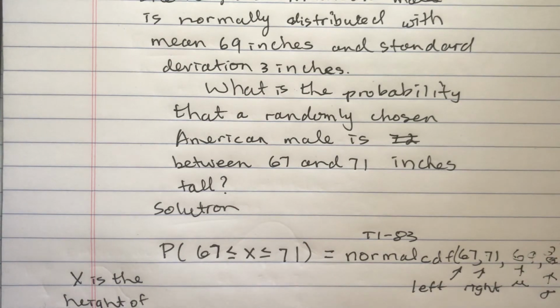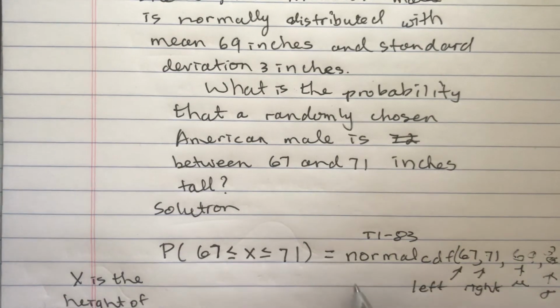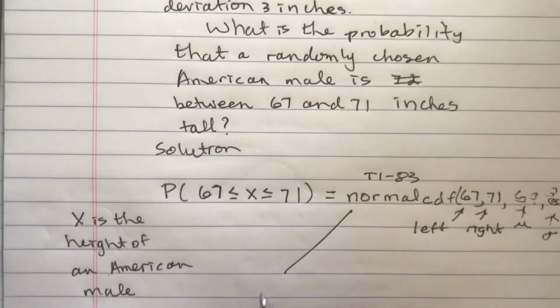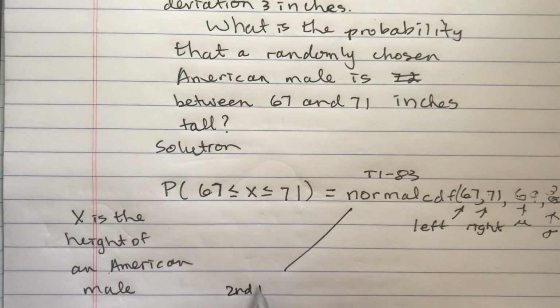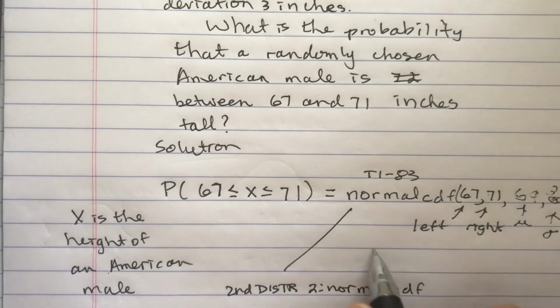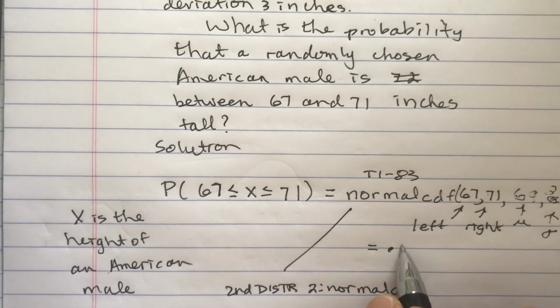Should I say one more time what those buttons are? Second, distribution, number 2, normal CDF. I put those in there, and I get 0.247575, which is around 25%.